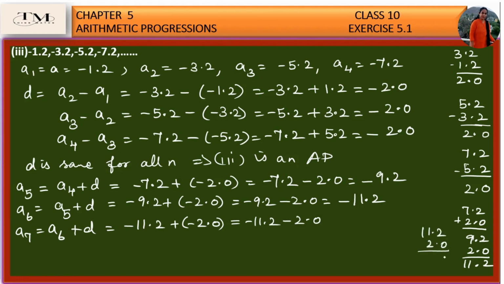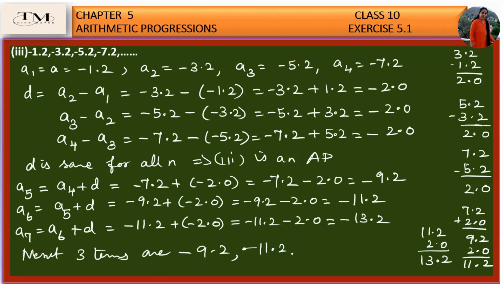So it is 2 plus 0, 2, 1 plus 2, 3, 1 plus 0, 1. Both are negative, so put the negative sign and the value is 13.2. So the next three terms are minus 9.2, minus 11.2, minus 13.2. So this is the solution.